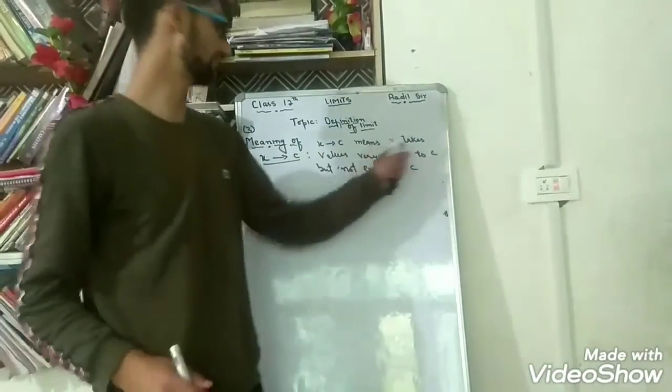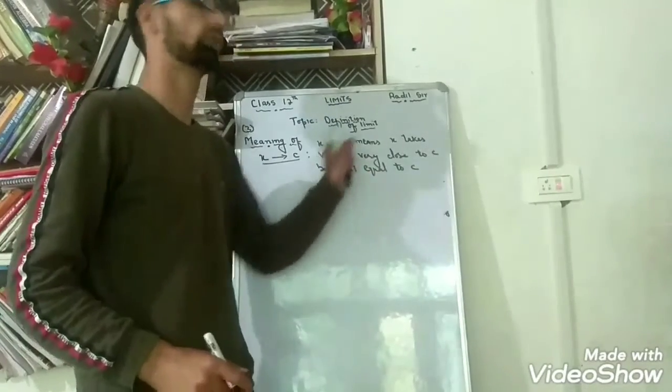X tends to c means x takes values very close to c but not equal to c.